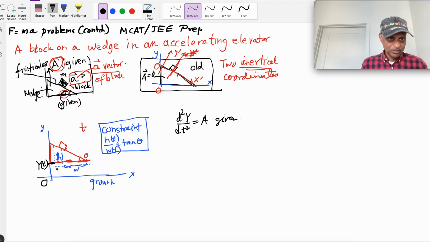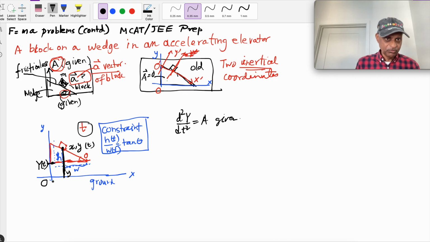I'm going to take the coordinates of the center of mass of this block, at some point, and call them x, y, and these are functions of time, because this is at an instant in time. From here all the way here, that's y, and from here to here is x.